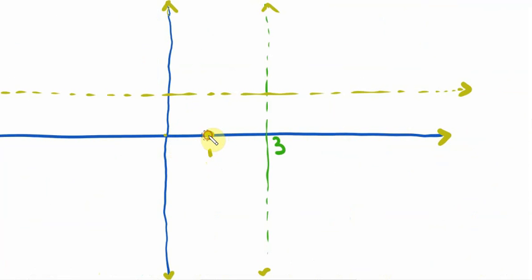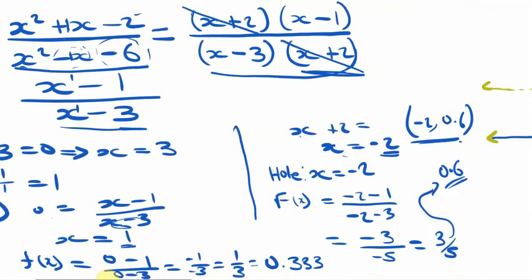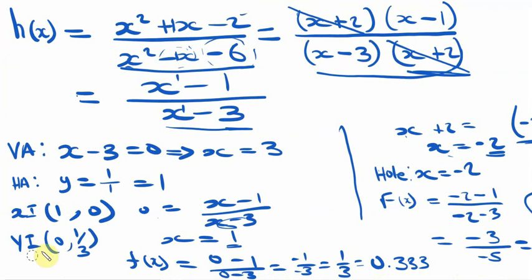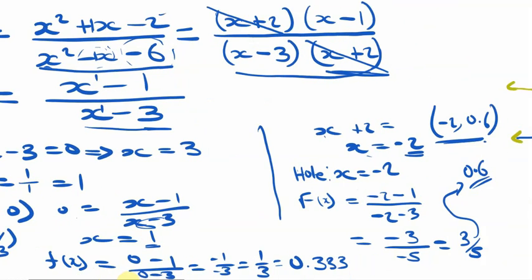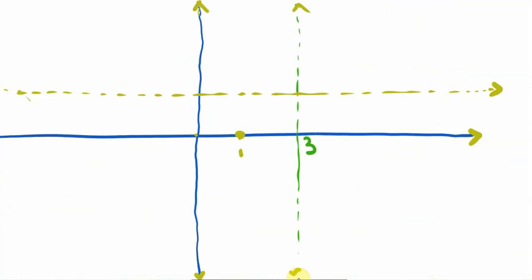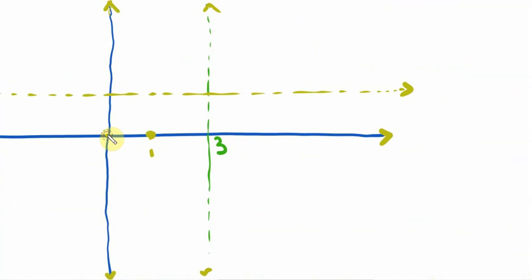So that's that point on the graph. What else? When x is 0, y is 0.3. When x is 0, y is 0.3. Let's put it somewhere here. 1 over 3.